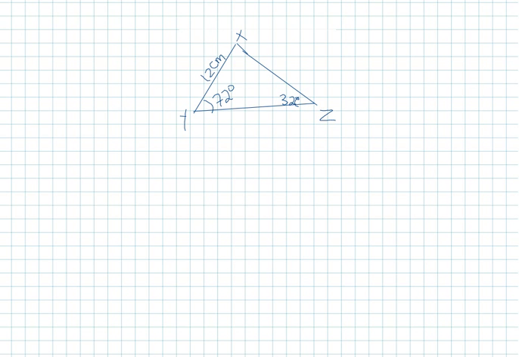Page 5, homework book. The homework book page. So, where's side x? This is side x, right? So this right here. So this is what the question is asking me to solve.